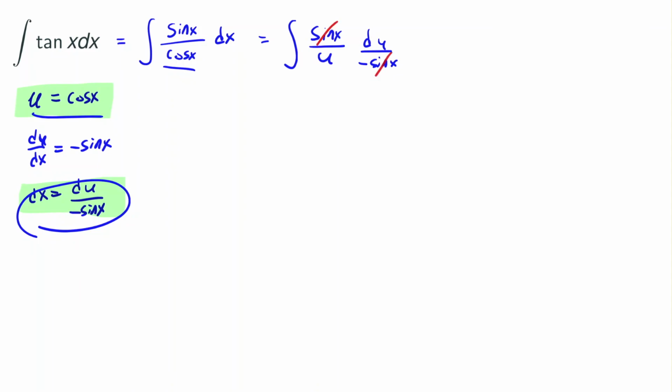Well, these two cancel out. So we have 1 over u du over negative 1, this negative. Well, we can take this negative outside of the integral sign, so we have negative integral of 1 over u du.